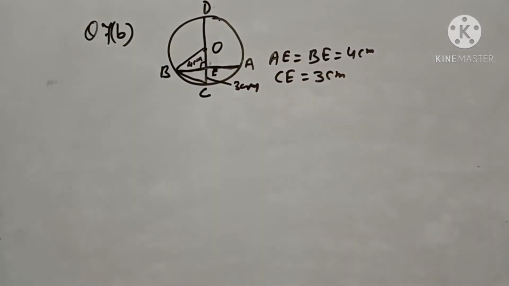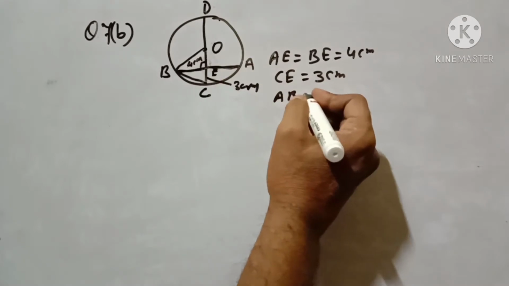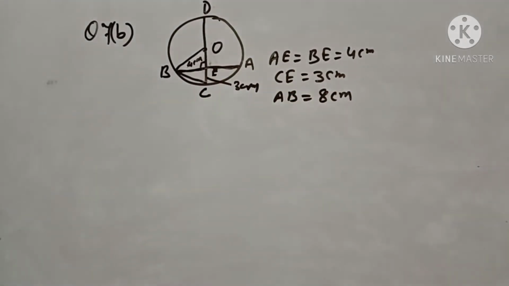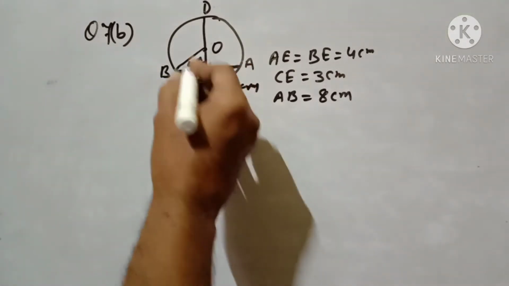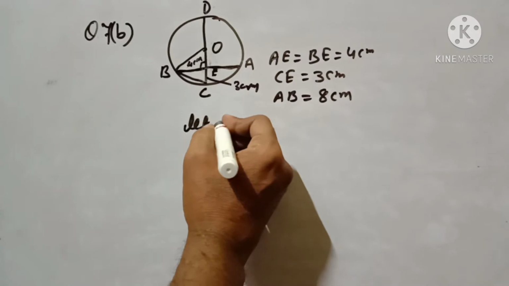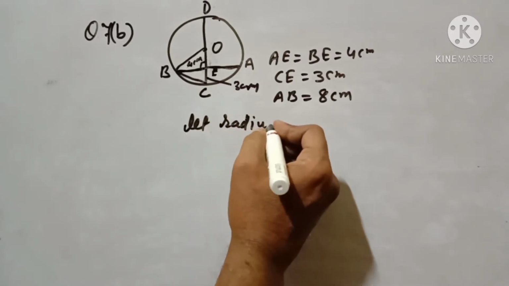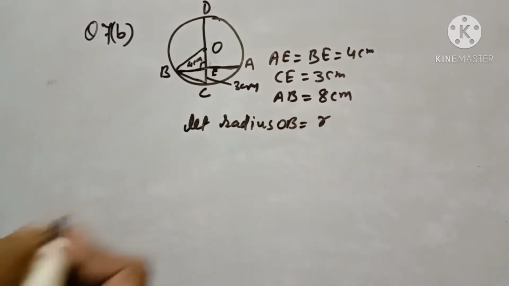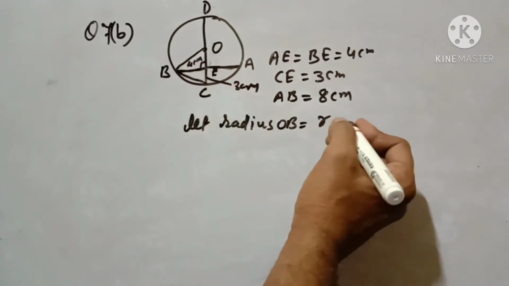Therefore AB equal to 4 plus 4, it will be 8 centimeter. Let radius OB equal to R. If this is a radius, therefore this will also be a radius.